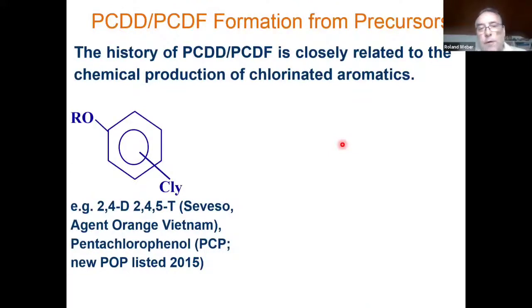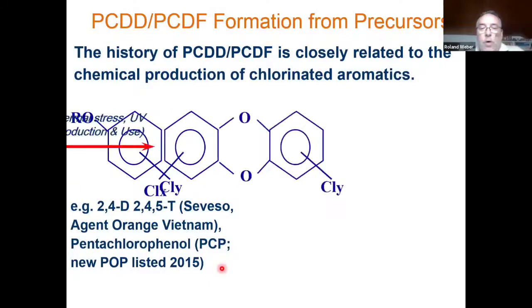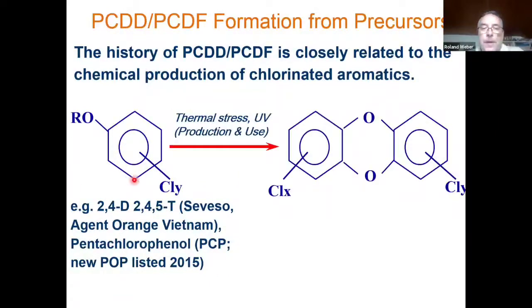Another important source of dioxins was the production of chlorinated phenols. You might know the pesticides 2,4-D, one of the most used pesticides, or 2,4,5-T. These are phenolic pesticides, also pentachlorophenol, which has been used abundantly in leather and wood treatment. PCP was listed as a new POP in 2015. So already in their production, but also then if there is thermal stress, they produce dioxins.